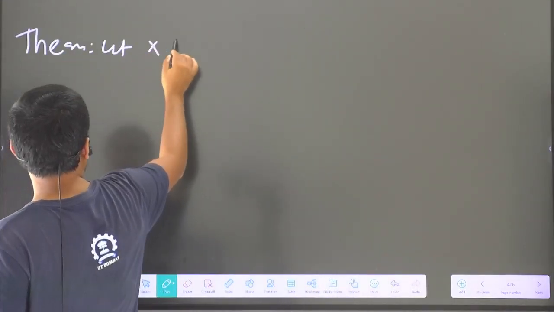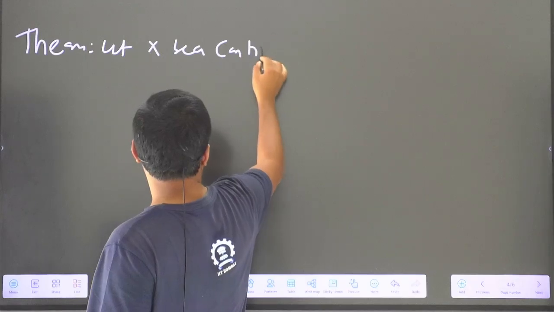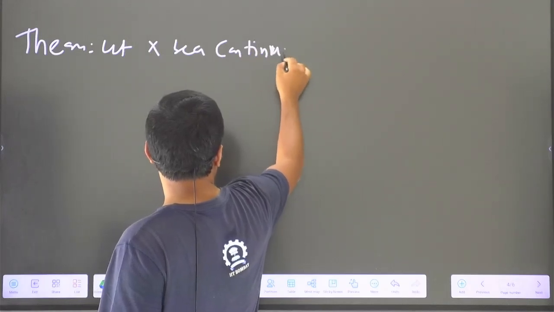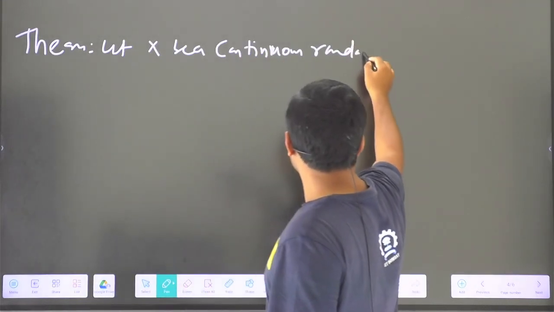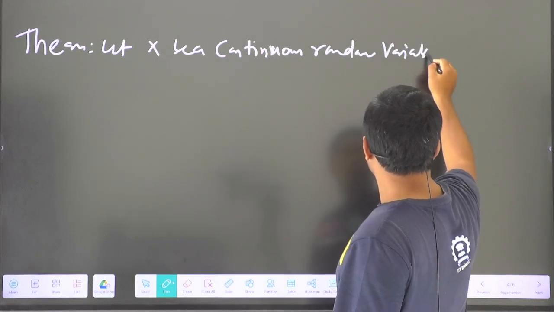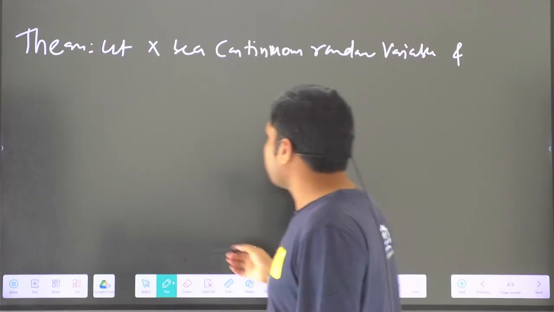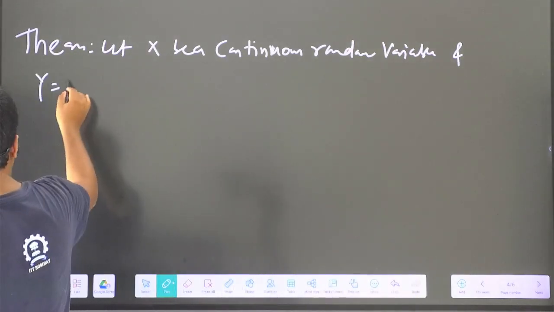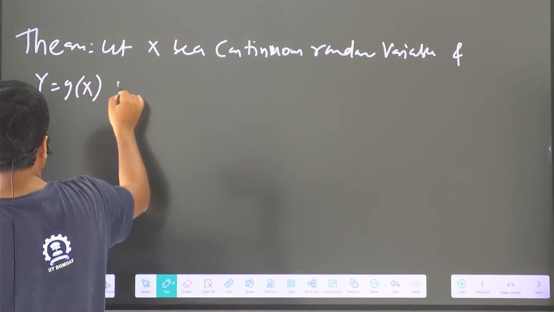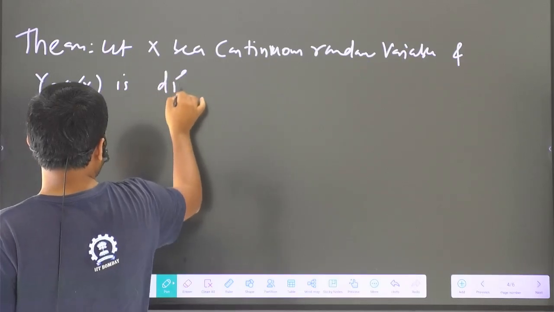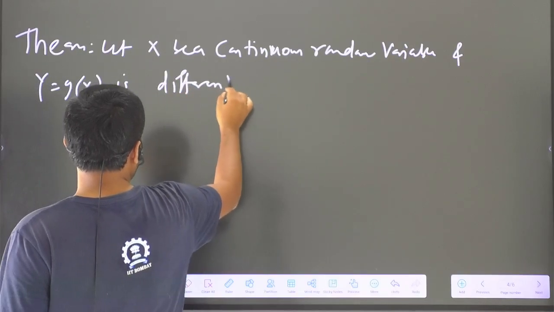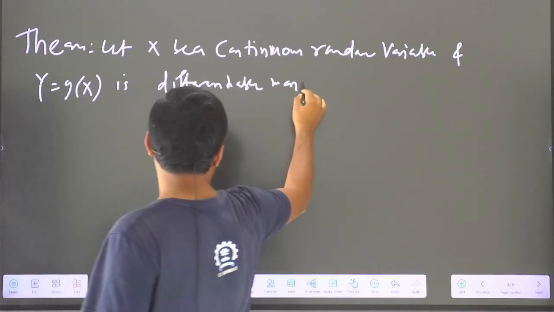Let x be a continuous random variable and y is a function of x. This is a differentiable monotonic function.